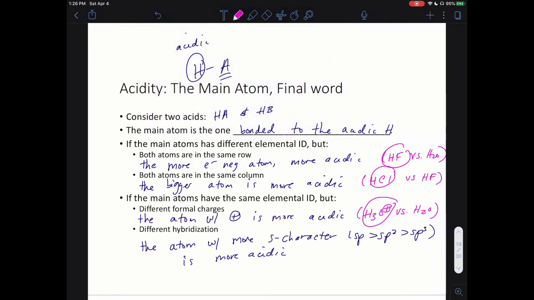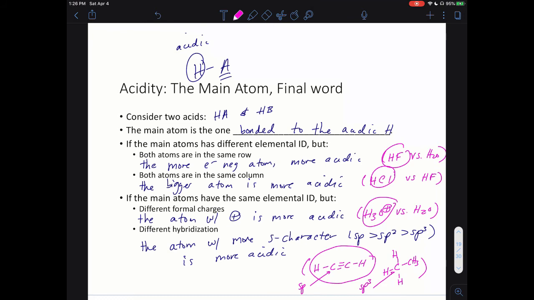We looked at the protonated amine versus the protonated nitrile, but for fun, let's use carbon: an alkyne versus an alkane. The alkyne is more acidic because it has the sp carbon versus sp3.